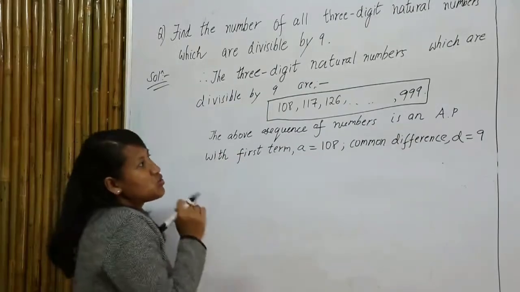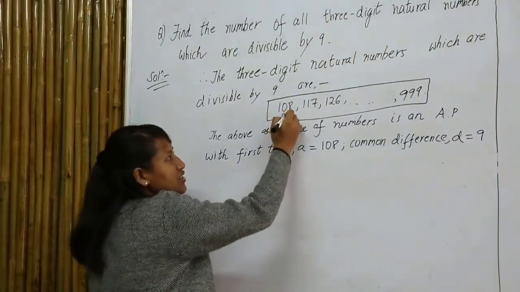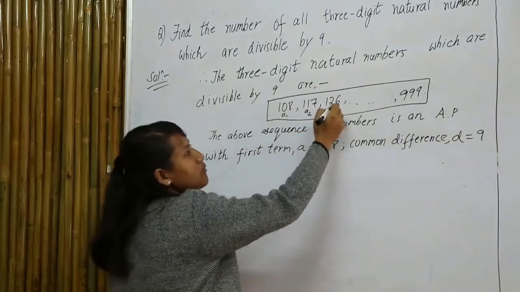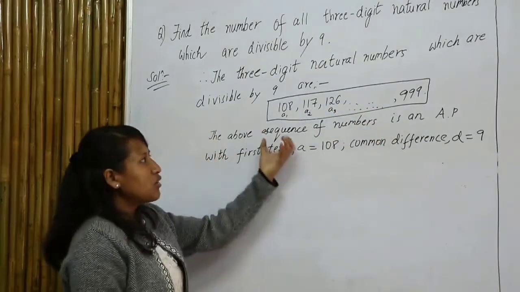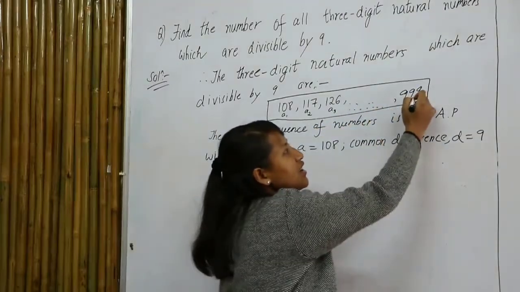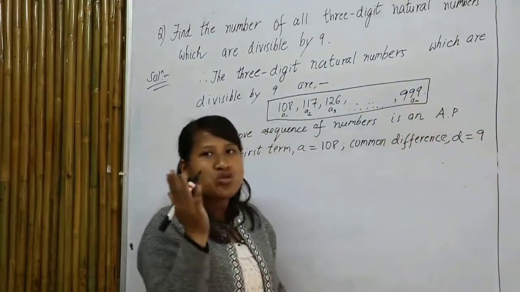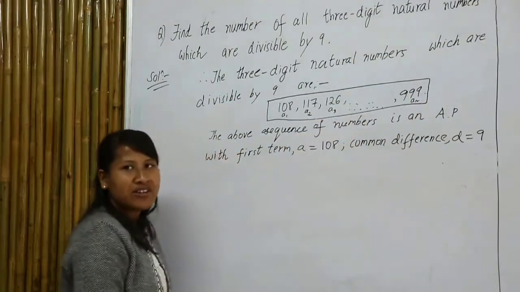You see here, this is the first term, second term, third term. It's like counting, right? 1, 2, 3. Then the last one is an. If you know n, you will know how many of them are there.